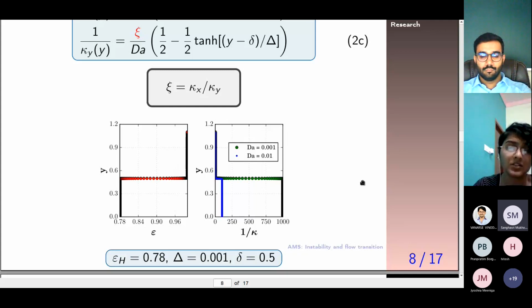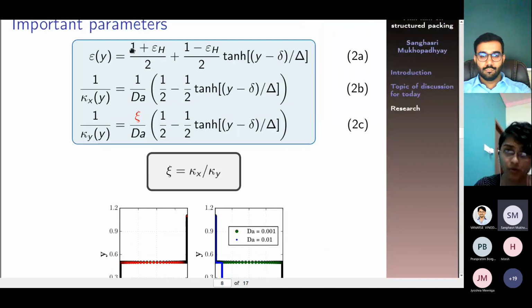We have kept it at 0.001, and we have defined the porosity using a Heaviside function, which has two characteristics: inside the porous medium we have a constant value, and inside the liquid layer we have a porosity which is 1.